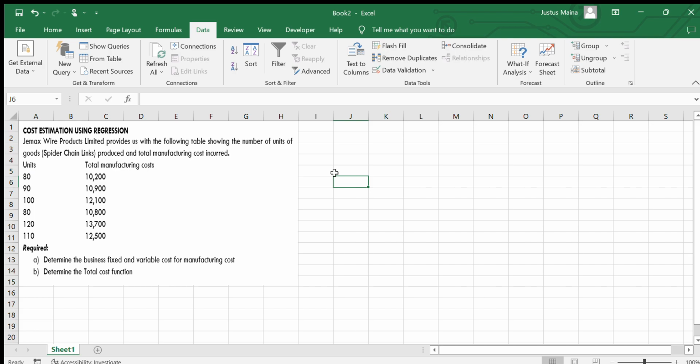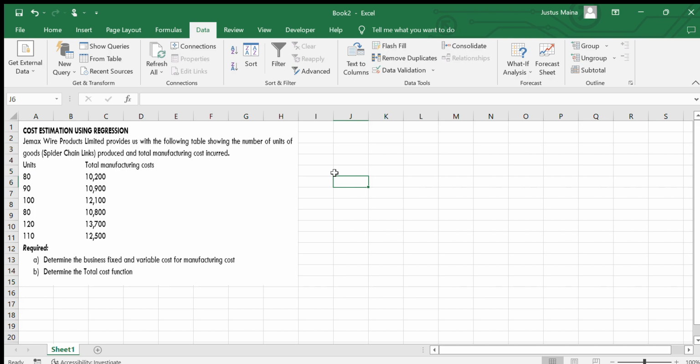In cost estimation, there are some cost drivers, and these are usually the activity that causes a cost to be incurred. This can be the level of output, like what you have been given there, the units 80, 90, 100, 80, 120, and 110. Those are the level of output. They affect the total cost.